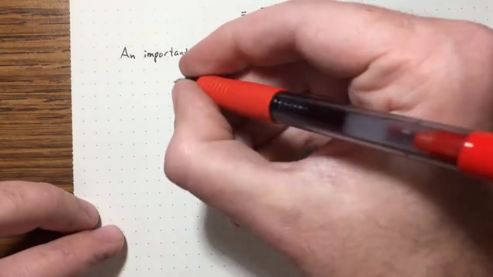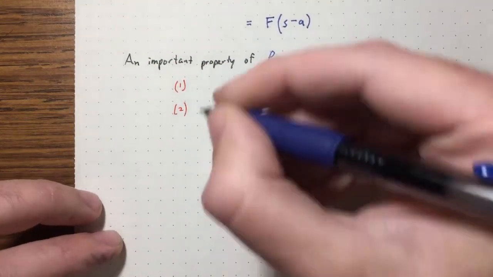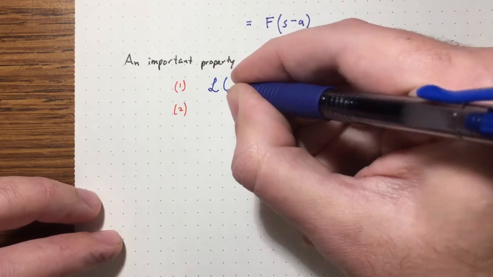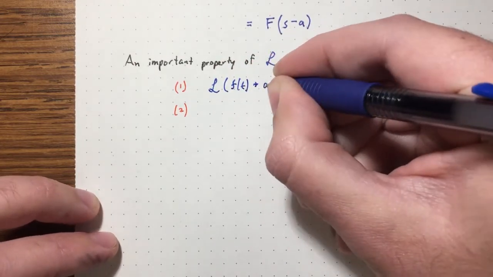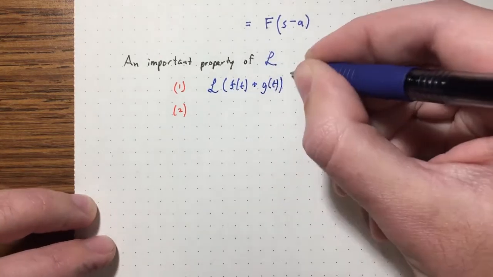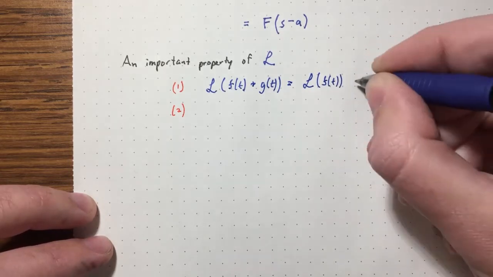And so this is actually two properties. So I'll say number 1 and number 2. So number 1 is, if I have the Laplace transform of a sum, it turns out that I can just do the Laplace transform of both parts of that sum separately and then add them.